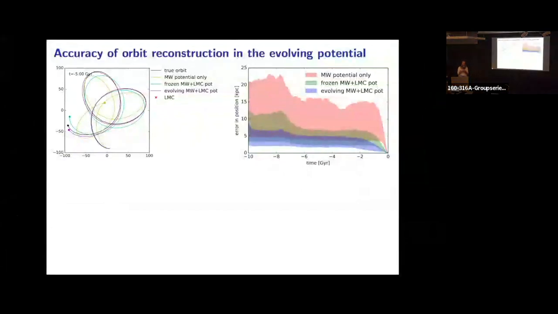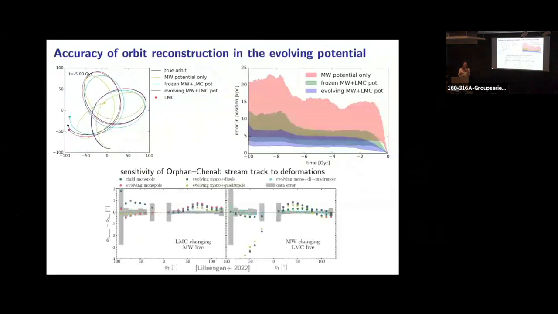Interestingly enough, you would need to take that into account when looking at the perturbations of the LMC on the streams. And the first steps into that have been done by Sophie Lilleengen a couple of years ago, when she looked at the predicted kinematic signatures of the perturbations of the distorting Milky Way and LMC on the Orphan-Chenab stream.